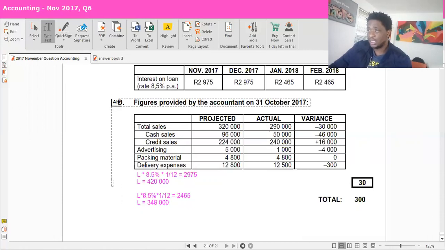So we dealt with sales. Let us deal with advertising. We had planned to spend 5,000 on advertising, but we ended up spending 1,000. This is a saving, but it's a problem because it led to the business not being able to achieve its target sales.